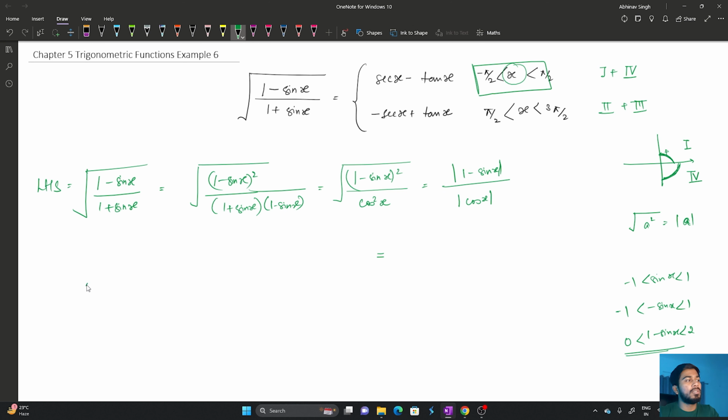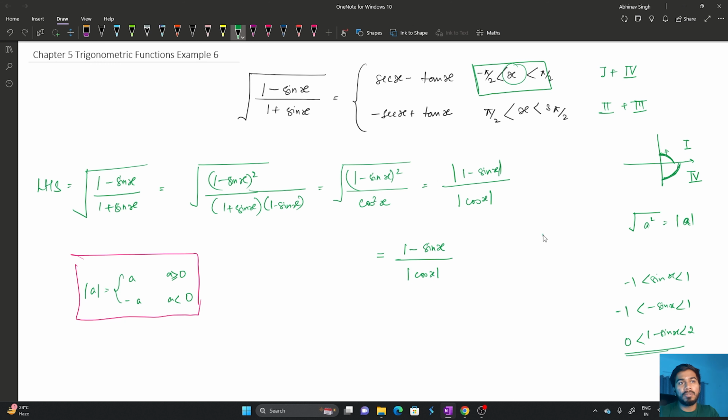So we know mod a is equal to a if a is greater than or equal to 0, and is equal to minus a if a is less than 0. This is the mod property that we know. So I can remove this mod. It will be 1 minus sin x, because we know that 1 minus sin x will always be greater than or equal to 0. Now you have mod of cos x.